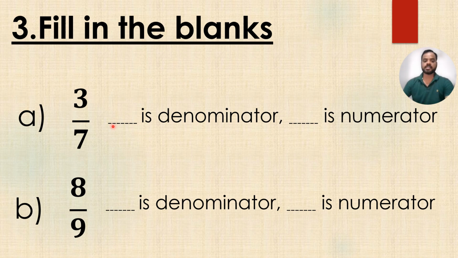Here it is asked which is the denominator. So 7 is the denominator and 3 is the numerator. In the second question B, 8 is the numerator, 9 is the denominator.